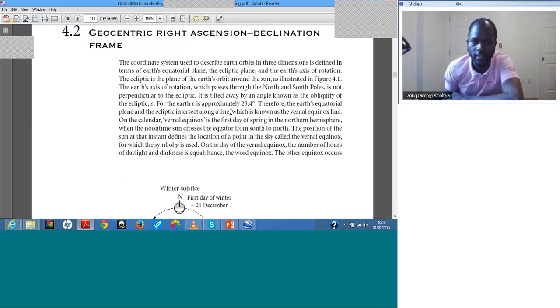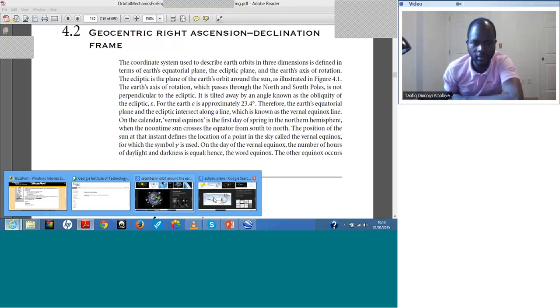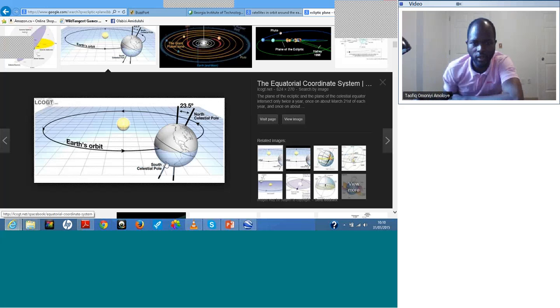Therefore, the Earth's equatorial plane and the ecliptic intersect along a line which is known as the vernal equinox line. So the vernal equinox line is where the equatorial plane and the ecliptic plane coincide.